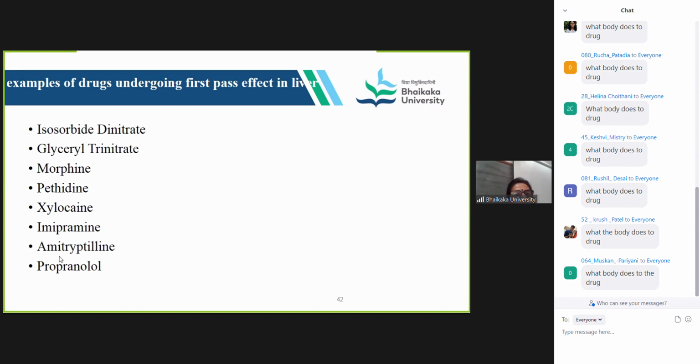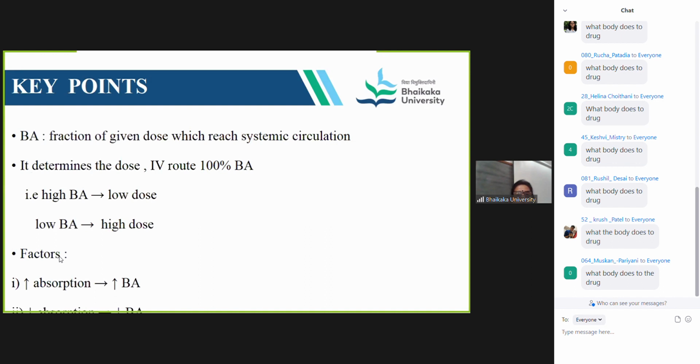So now you can remember two or three names of drugs which follow the first pass effect. What is to be done for better absorption? That is the relevance of first pass metabolism.